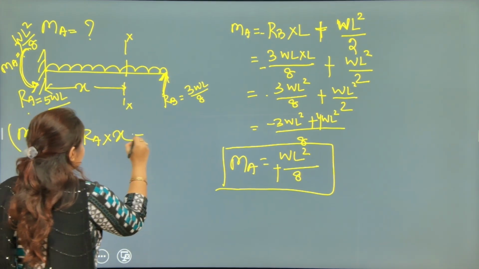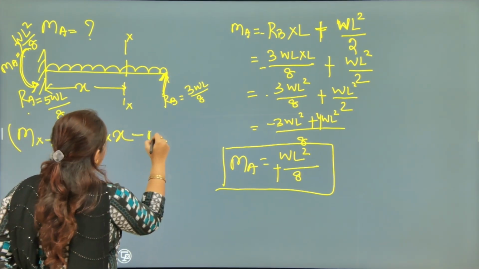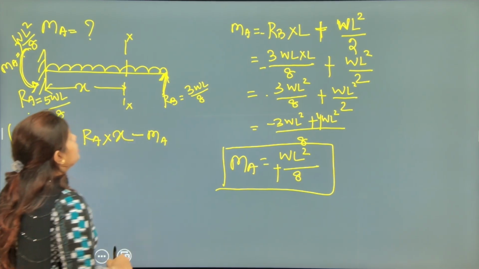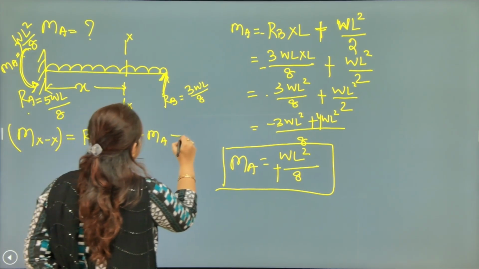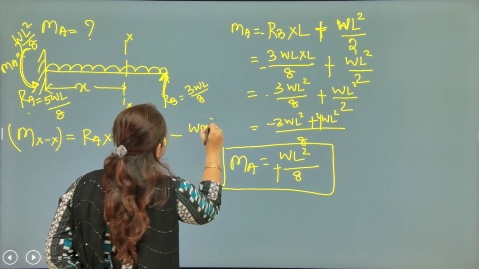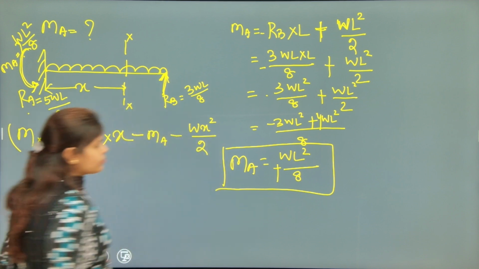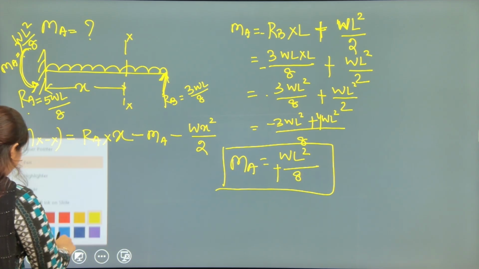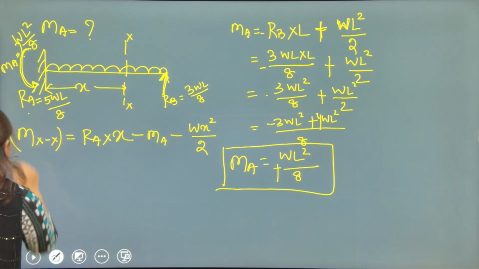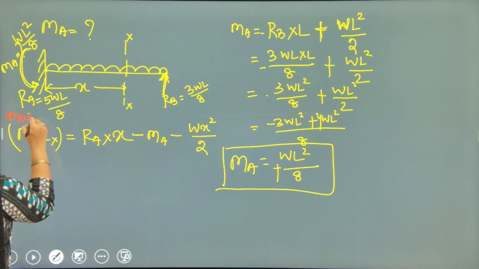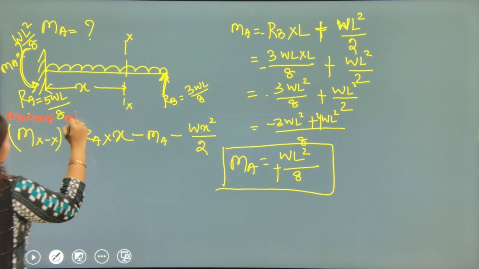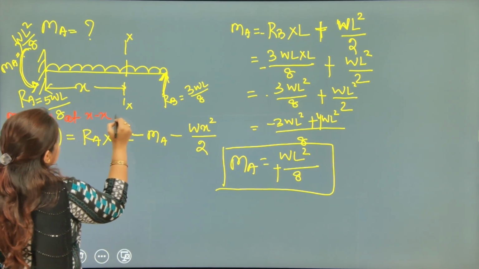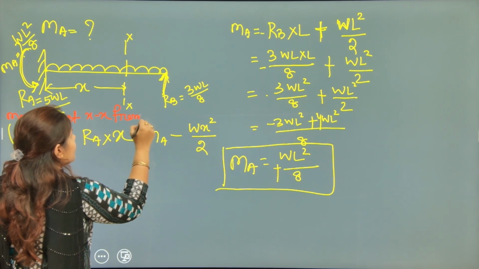Minus moment, you can see anticlockwise rotation, so the moment will be negative MA, and minus Wx square upon 2. So this moment at XX you have to write as the moment at XX section from left.